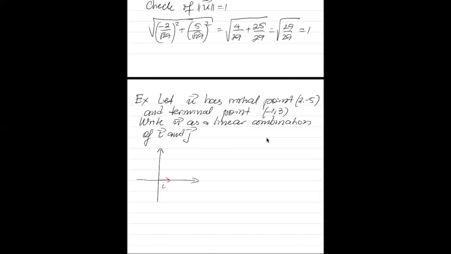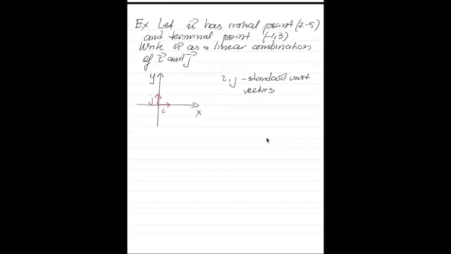So here's I and here's J. So we know there are infinitely many unit vectors in all directions, but the unit vector along the direction of positive x-axis, we call it I, and the unit vector in the positive y direction, we call it J. So I and J are standard unit vectors. Okay, so back to our example, to write our given vector with initial point 2, negative 5 and terminal point negative 1, 3 as a linear combination.